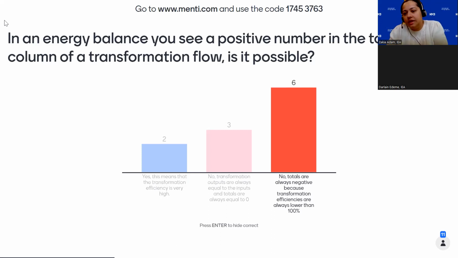As in the example of the refinery, if you're putting 100 terajoules of crude oil in a refinery, then you cannot get more than your input in energy terms. So your total should normally be negative.